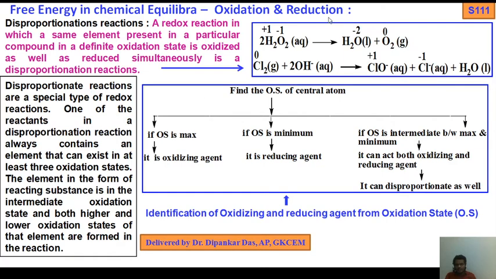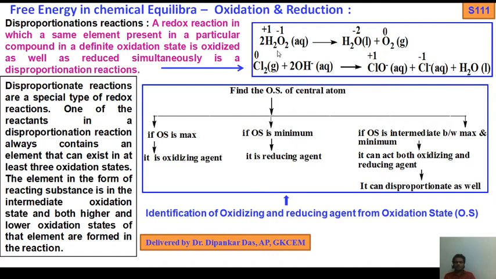So look at this example. Hydrogen peroxide, H2O2. We have seen that here oxygen is -1, here oxygen is -2, and here oxygen in the elemental molecule state is 0.